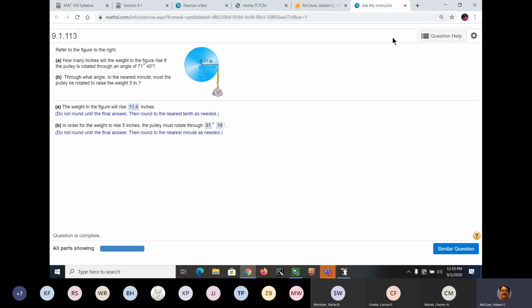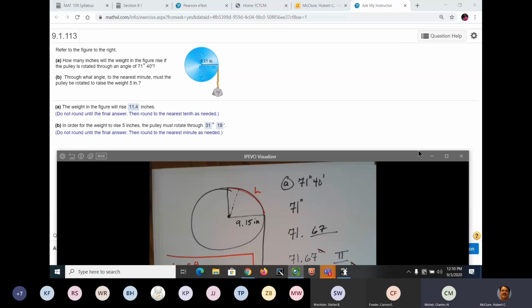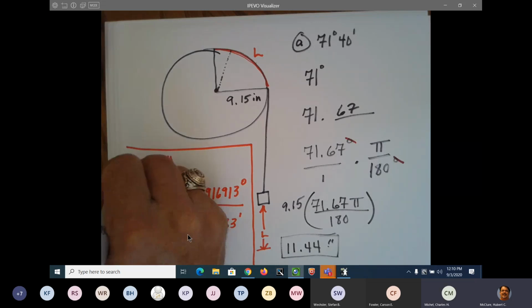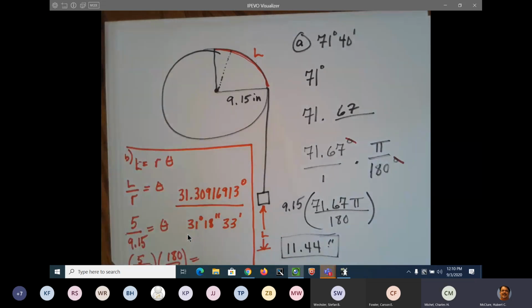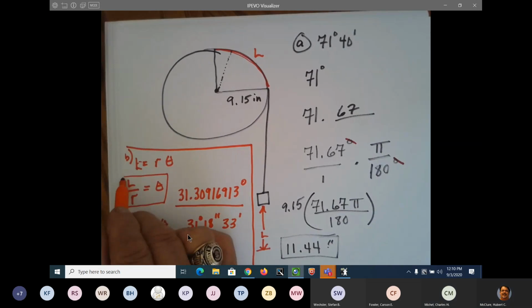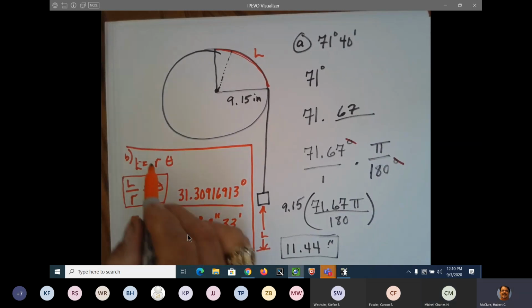Question on that one? Yes, sir. I have a question. Show you the paper. For part B, how did you get the 5 over 9.15? Right here, I just solved this for theta.